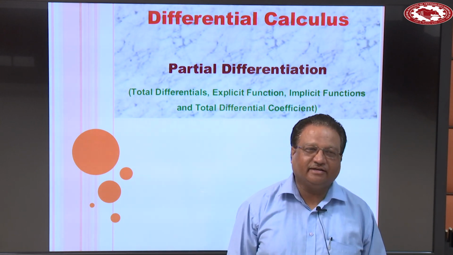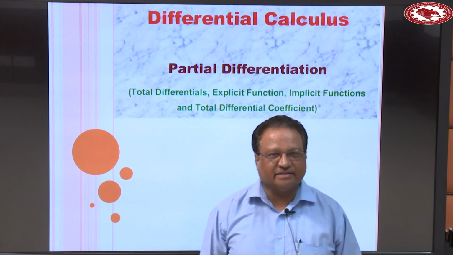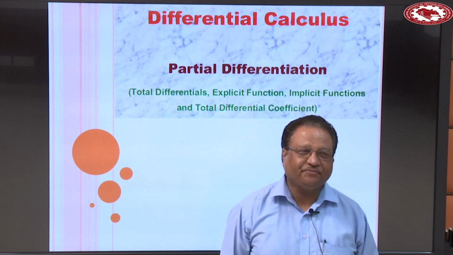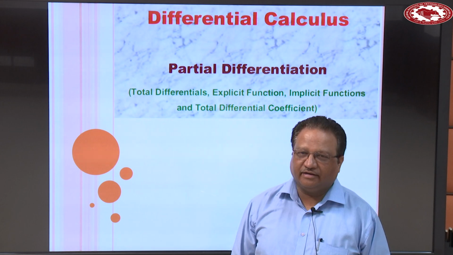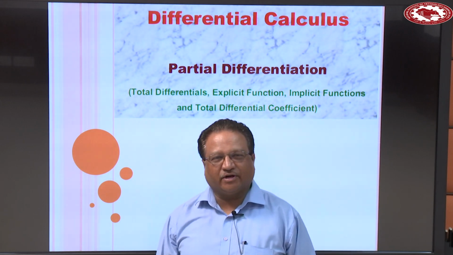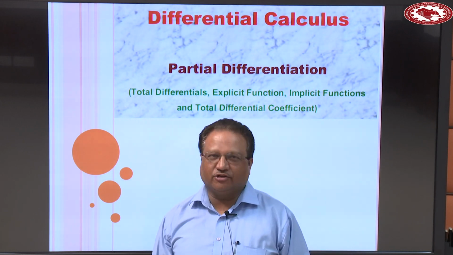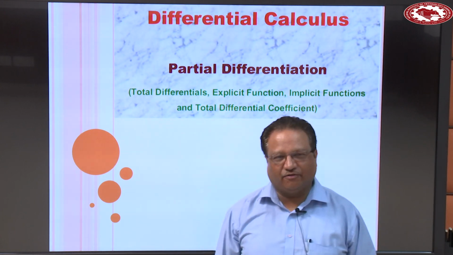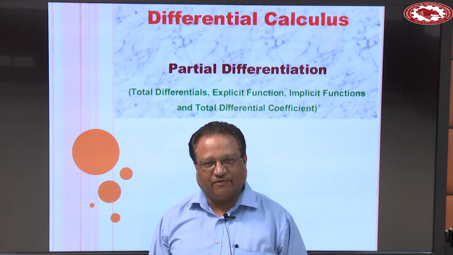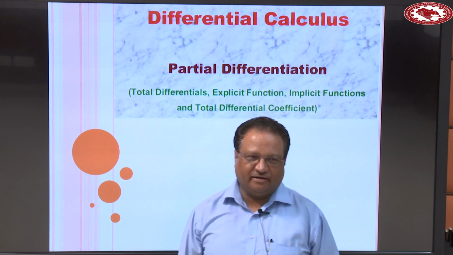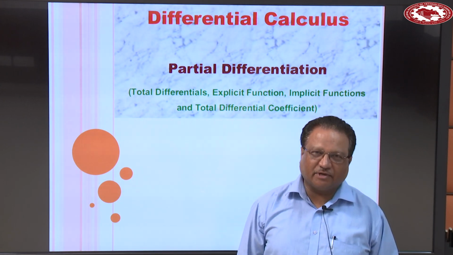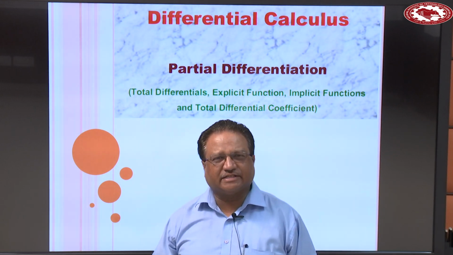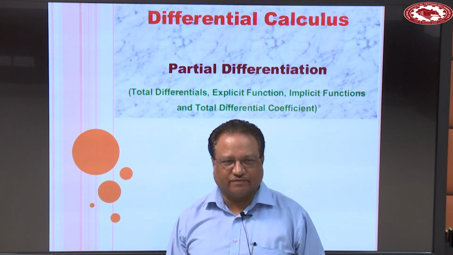After that, we have discussed homogeneous function, then derived an important theorem, Euler's theorem, which states that if u is a function of x and y of degree n, then x ∂u/∂x plus y ∂u/∂y is equal to n u. Then we derived the extension of this Euler's formula.